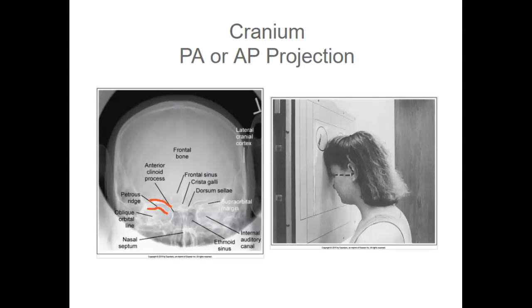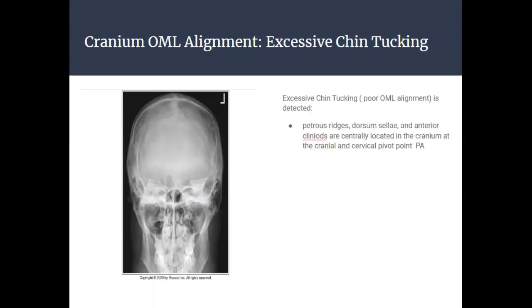So you should know then that your OML is not perpendicular with the IR, and we need to repeat this image if it is not within evaluation criteria. So again, we are going to utilize the relationship of the petrous ridges and the supraorbital margin to determine if this OML alignment is sufficient.